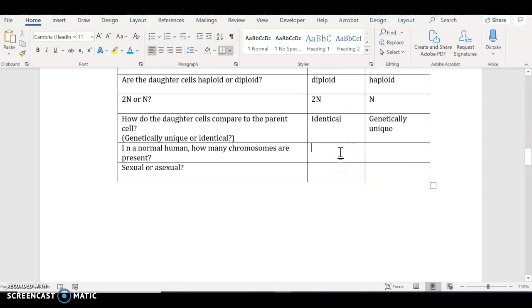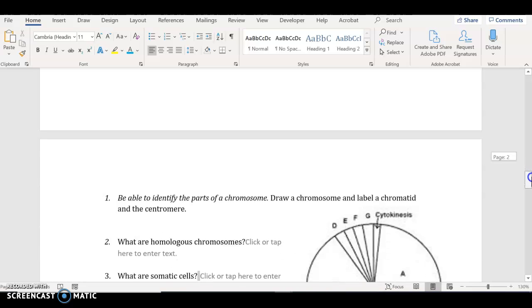In a normal human, how many chromosomes are present? Our diploid number is 46, so our haploid number is half that, 23. And there's nothing sexual about making skin cells, so that is asexual. And then, of course, making your sperm and egg is sexual.